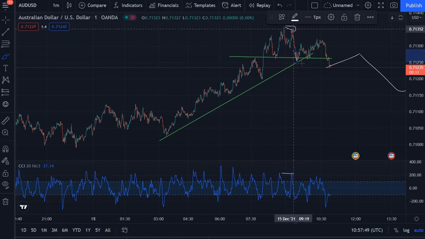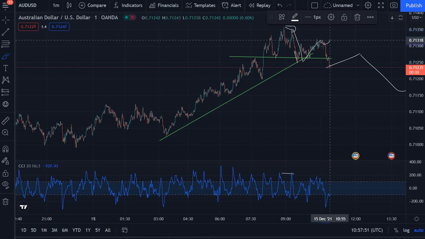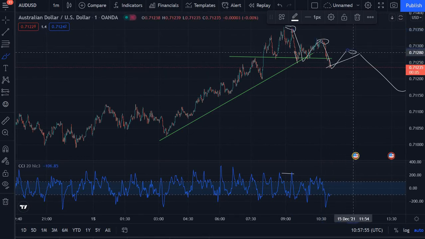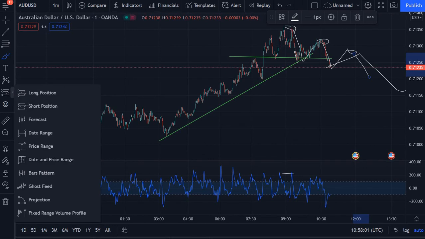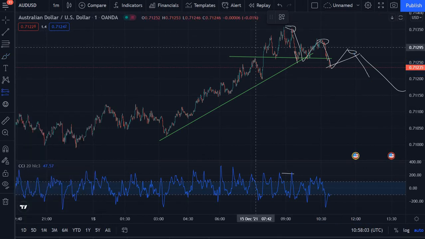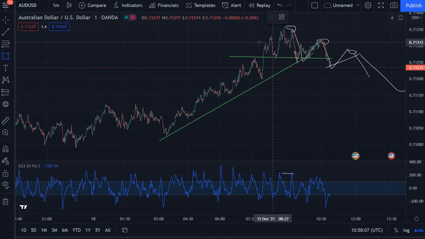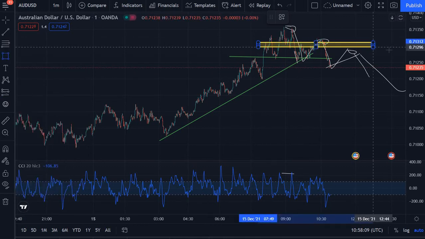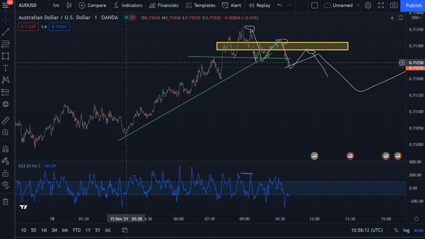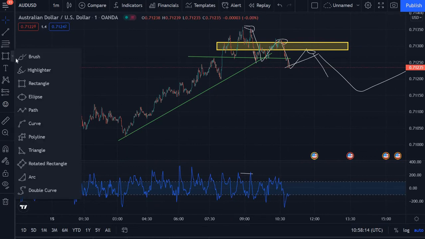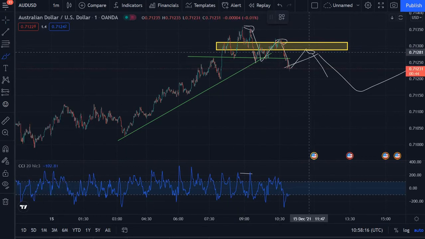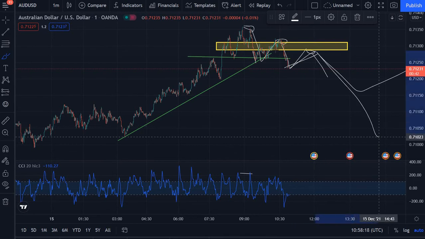So here's the first move, and here it looks like we could turn around on the 1 minute chart. So if we see this kind of move somewhere around here, this is where I would be scalping this market to the downside to around here.